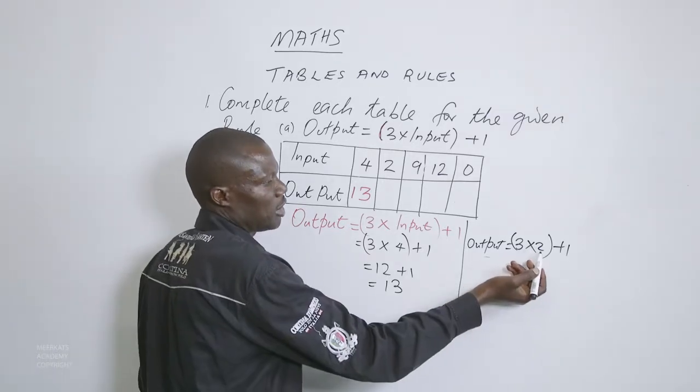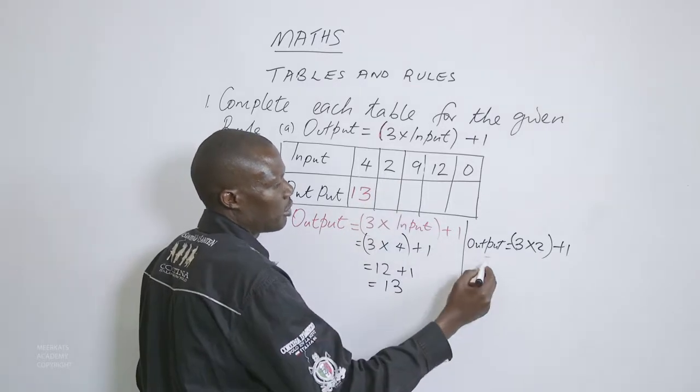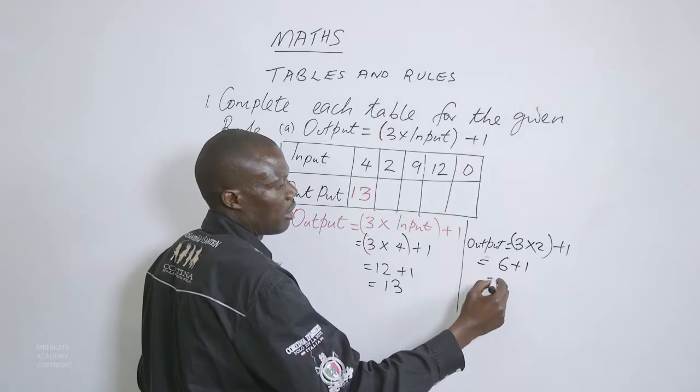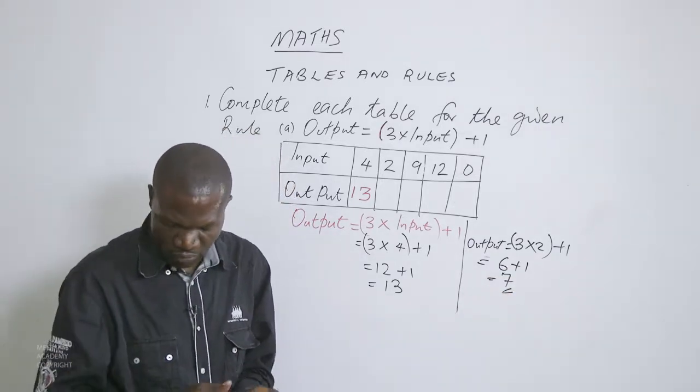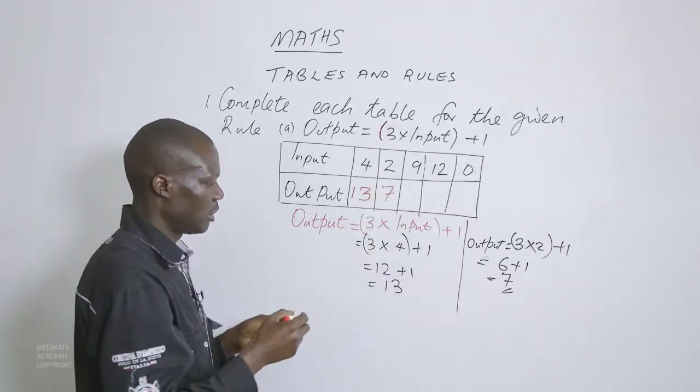So substituting 2 where we had the input, output becomes 6 plus 1, which is equal to 7. So the value here is 7.